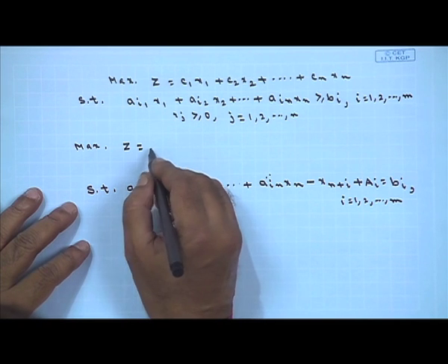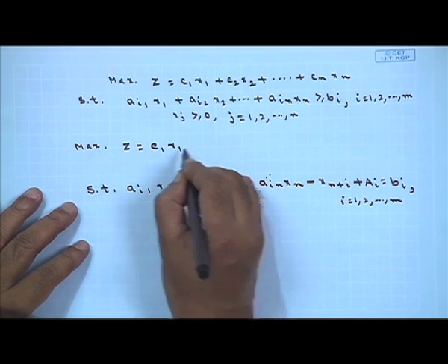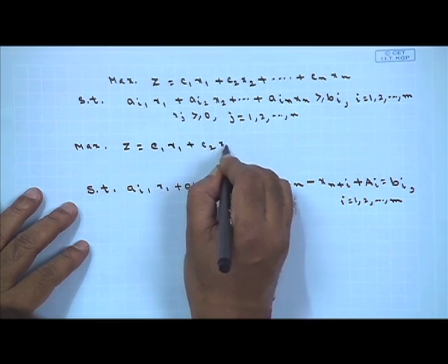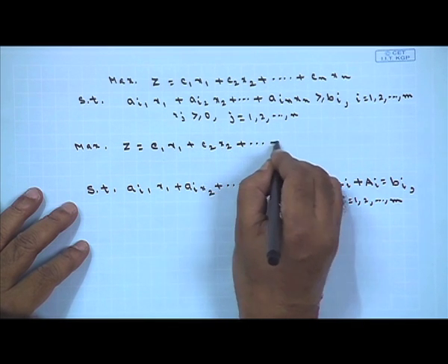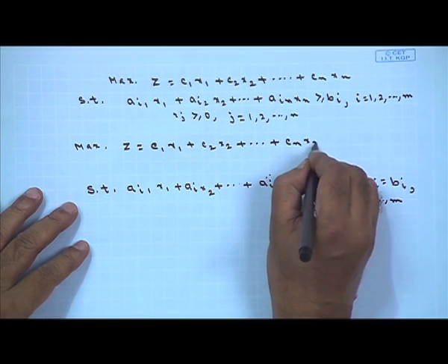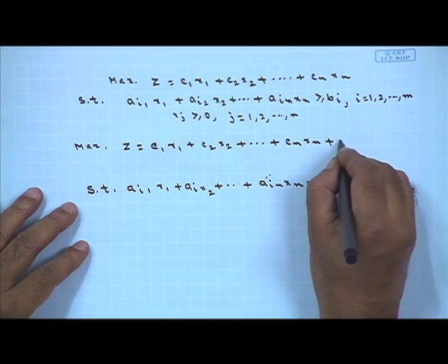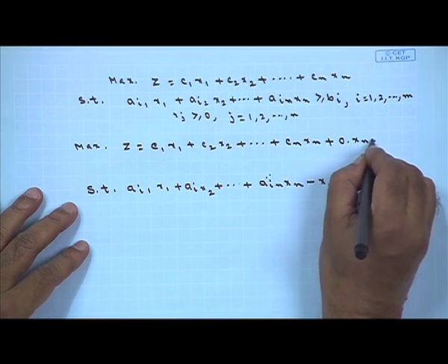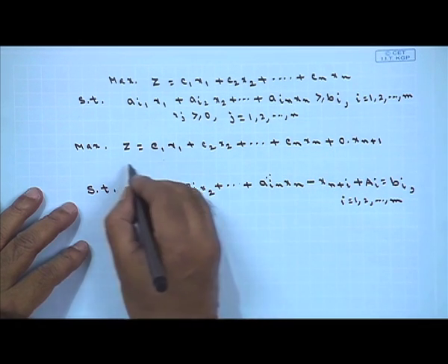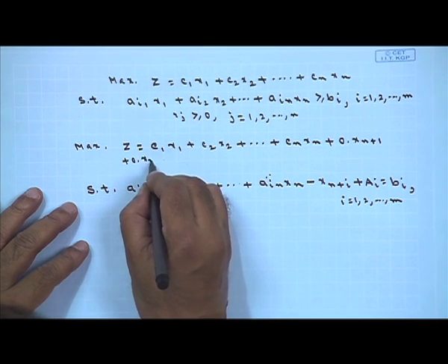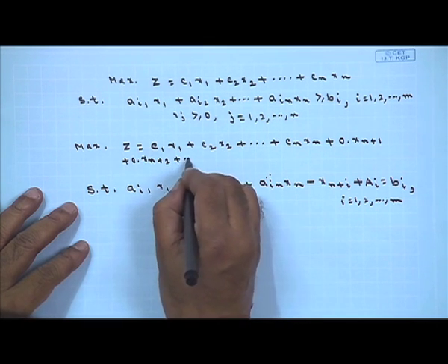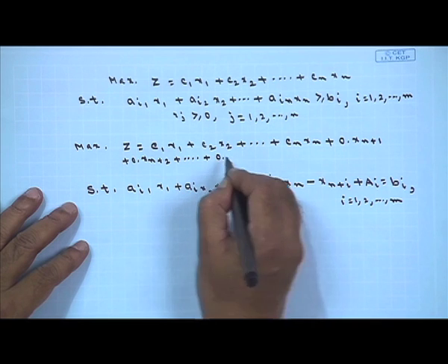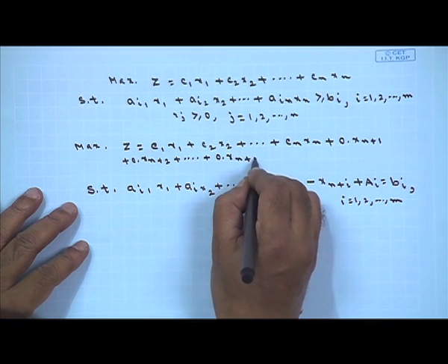So, your maximized function will be C1 x1 plus C2 x2 plus Cn xn plus 0 into x(n+1) plus 0 into x(n+2), like this way up to 0 into x(n+m).